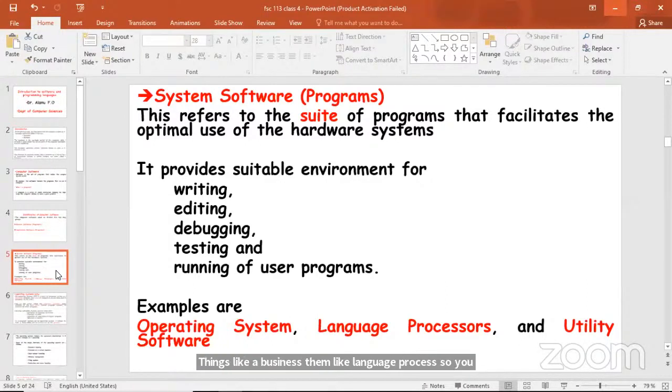They are referred to as suites of programs that facilitate the optimal use of the hardware. So anything that helps us to use the hardware effectively is a system software, right?